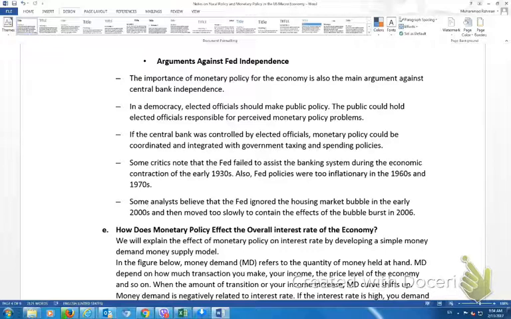The Fed has established institutions like the Federal Deposit Insurance, FDIC, which has dramatically stabilized the financial system. Also, in recent times, critics argue that the Fed ignored the housing market bubble in the early 2000s and then moved too slowly to contain the effect of the bubble burst in 2006.